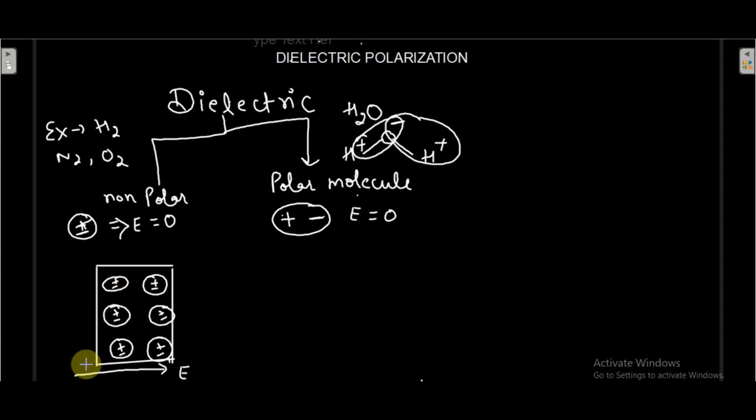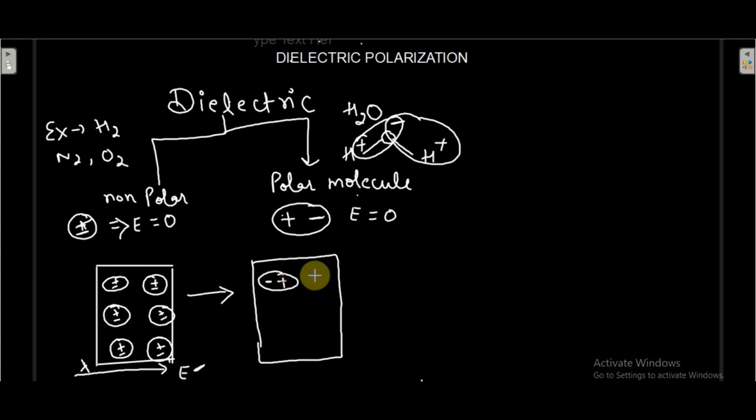What will happen to the dielectric molecules when placed in the electric field? As we know, the electric field direction is from positive to negative, so due to this electric field these molecules will arrange themselves in this way: negative and positive, negative and positive.